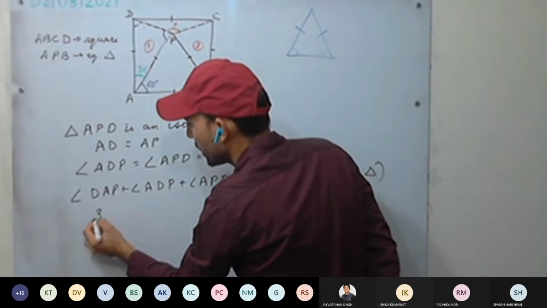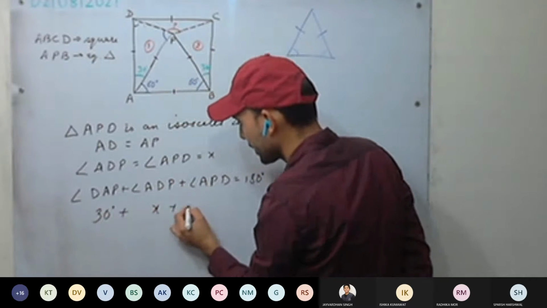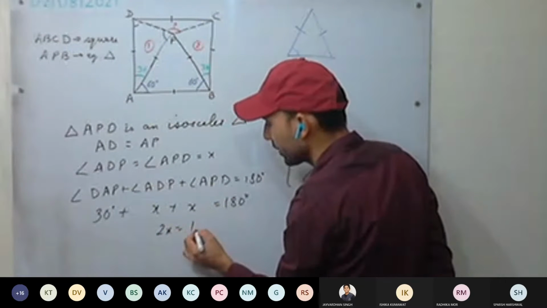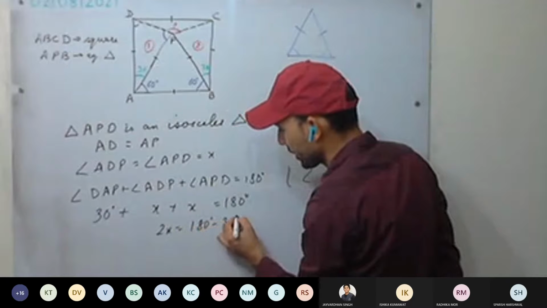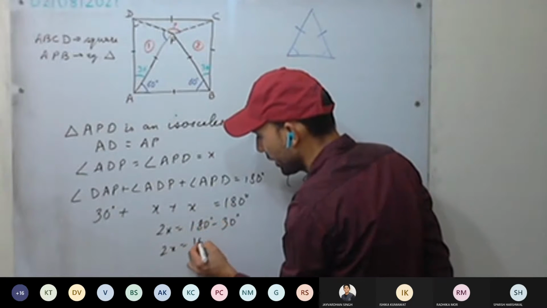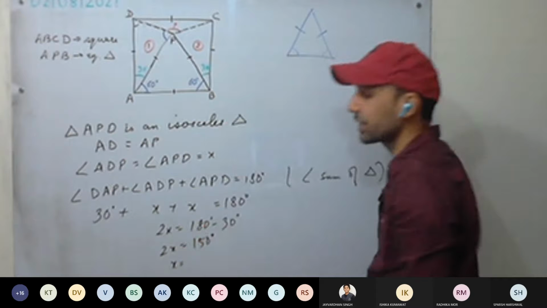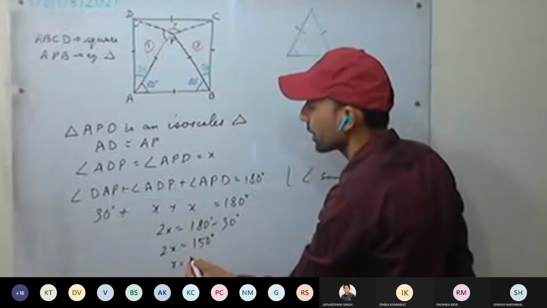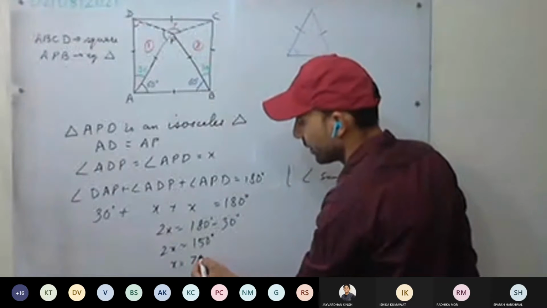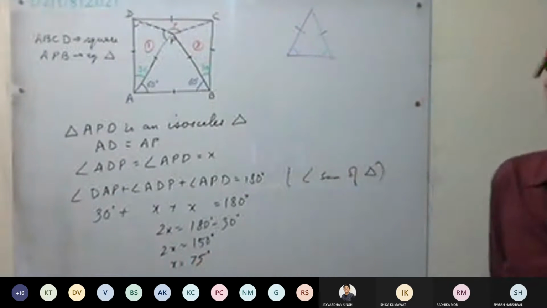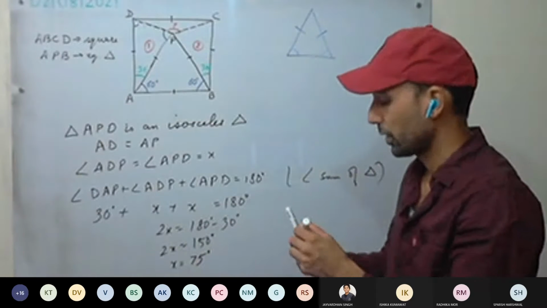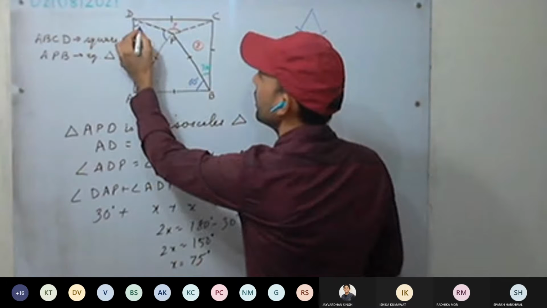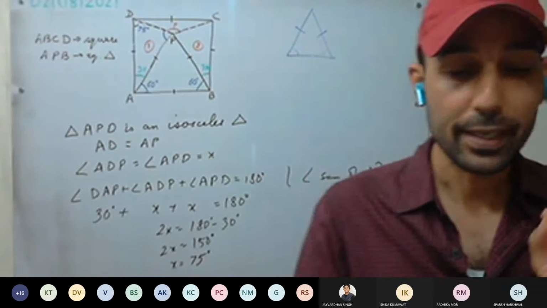Angle DAP is 30 degrees, this is X, this is as well X, equal to 180 degrees. 2X equals 180 minus 30, so 2X equals 150 degrees. How much is X? 75, you got it. So this angle is 75 degrees.